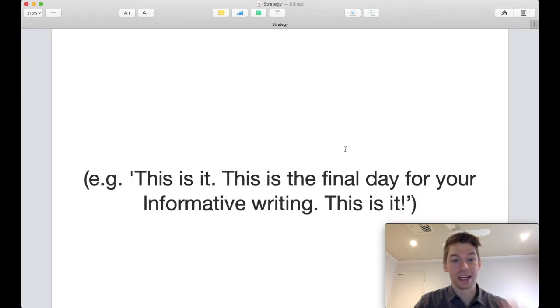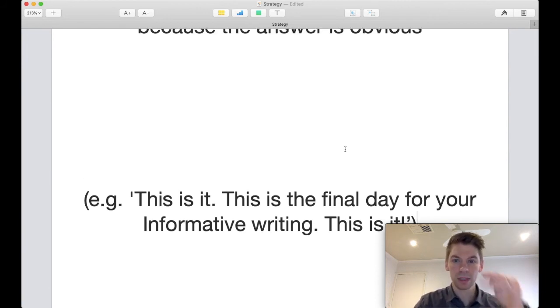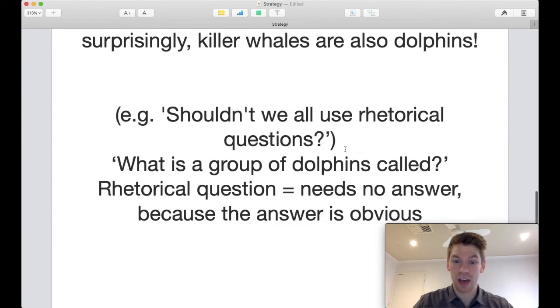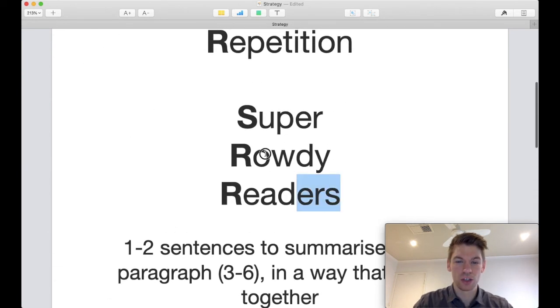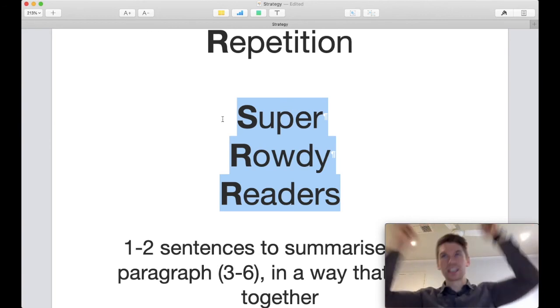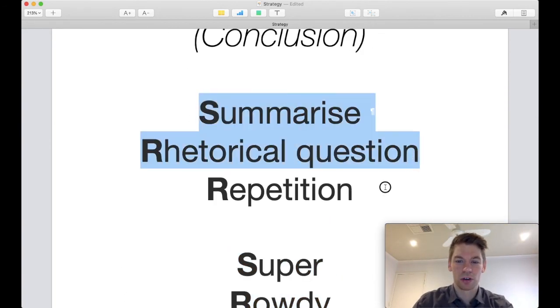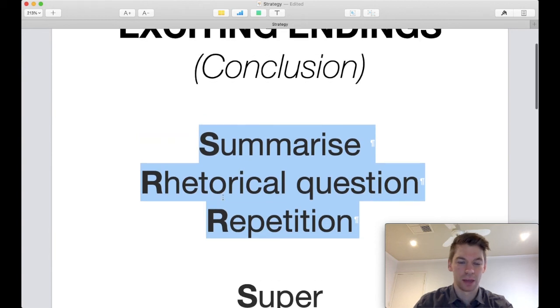Or you could even break up the repetition in your paragraph a little bit. So you could repeat it through the exciting ending. You don't have to have it all at the end or all in one spot. So there you go, year 5. That is your strategy to create super rowdy readers who are excited to read your exciting ending. Summarize, rhetorical question, and repetition. That will give you a great exciting ending.